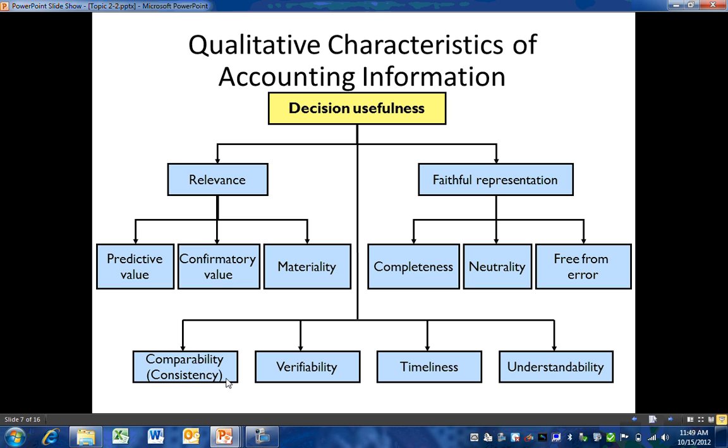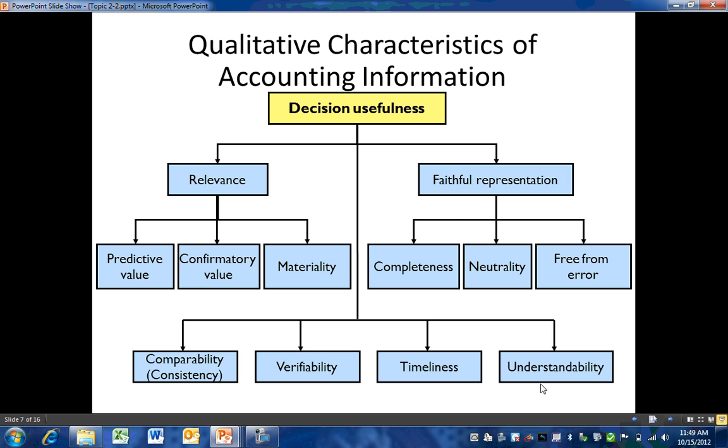And again, for information to be useful, it has to be comparable. That is, you have to apply on a consistent basis the same accounting principles, period after period. It must be able to be verified. That is, it must be auditable. It must be provided in a timely manner and in a way that is easily understandable.